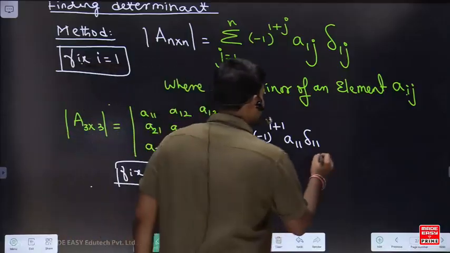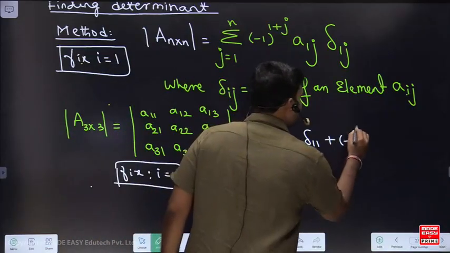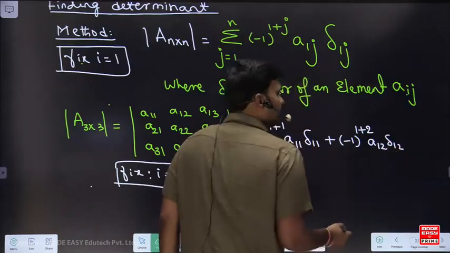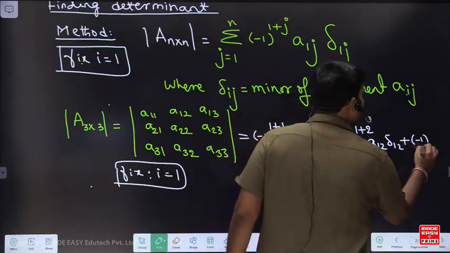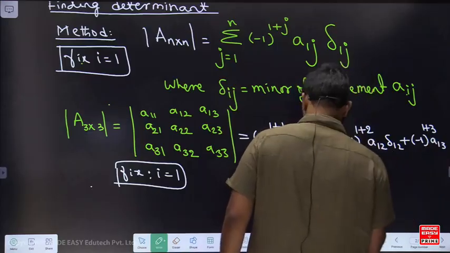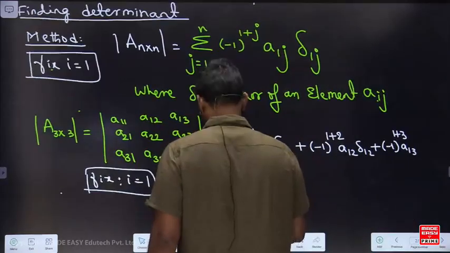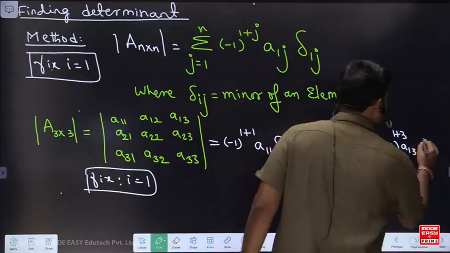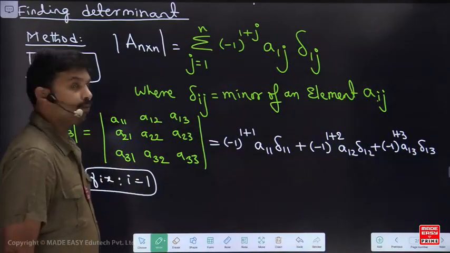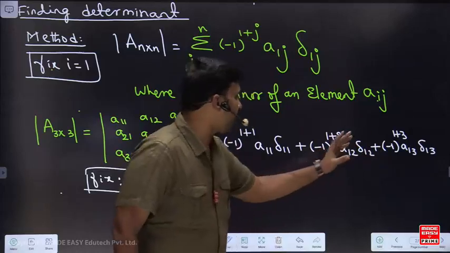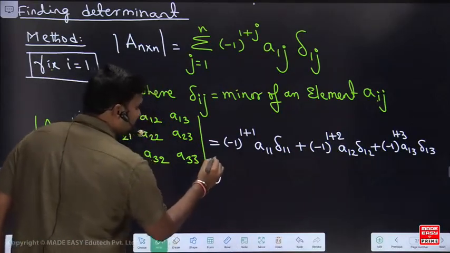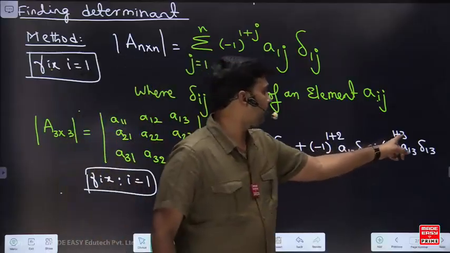For j is equal to 2, it is (-1) to the power of 1 plus 2 into a12 into delta 12, then plus (-1) to the power of 1 plus 3 into a13 into delta 13 here. So this is the way I have taken, because there are 3 rows and 3 columns. As there are 3 columns, you take up to 3.